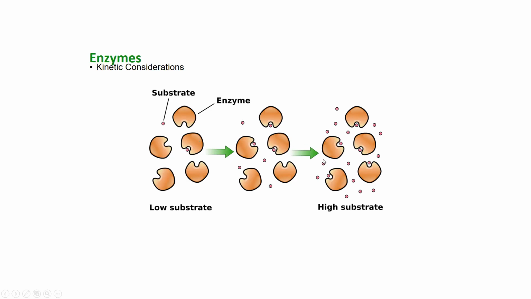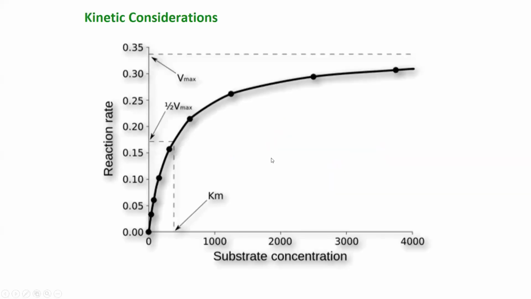But you're going to reach a point where all the active sites have been filled. Now you're going to level off at a level known as the ceiling effect, and it doesn't matter how much more substrate you add, the reaction rate is not going to change.